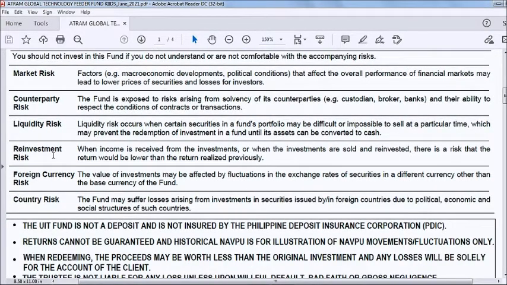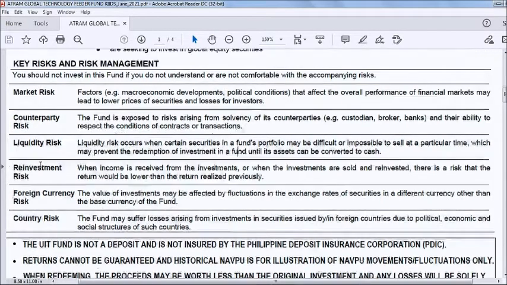Next, we'll talk about reinvestment risk. When income is received from the investments or when the investments are sold and reinvested, there is a risk that the return would be lower than that realized previously. So, aside from market risk, counterparty risk, and liquidity risk, there is also what is called reinvestment risk.